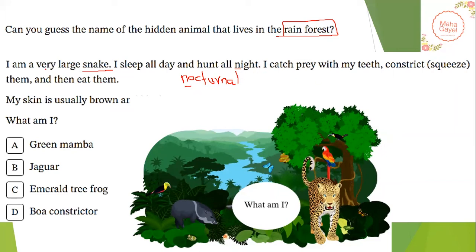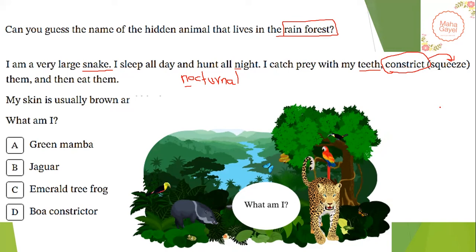So it's a type of snake. It's a nocturnal animal. I catch prey with my teeth, so he is also a sort of predator. Constrict or squeeze them. So this is a new word, constrict. But they have mentioned another easy word, squeeze. Squeeze يعني يفعص. لما بنقولها مثلا على الأورنج, squeeze the orange يعني نعصرها.